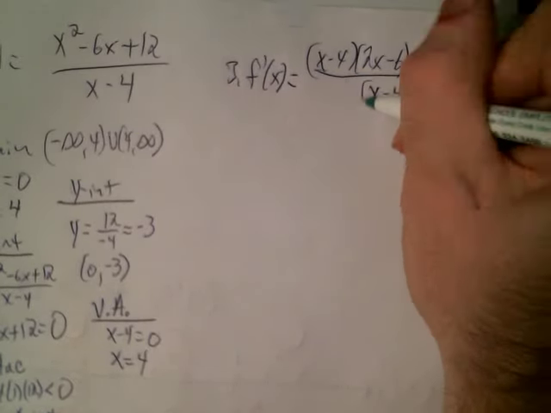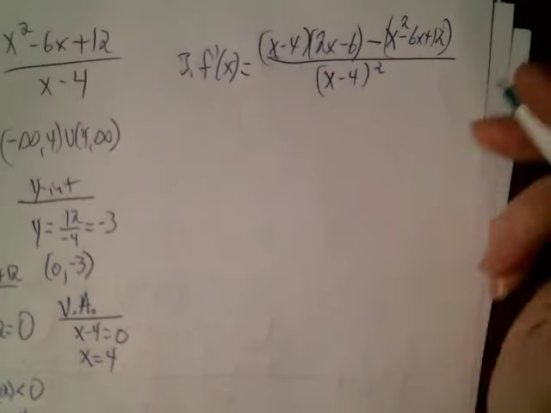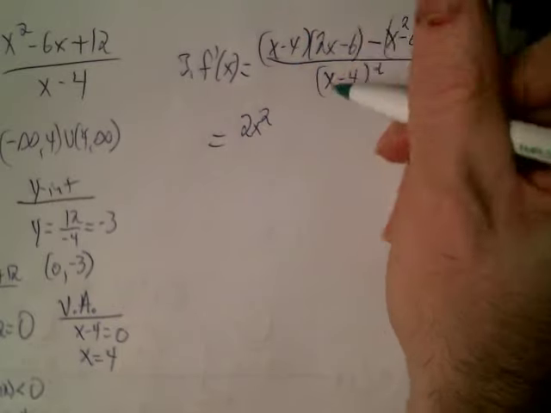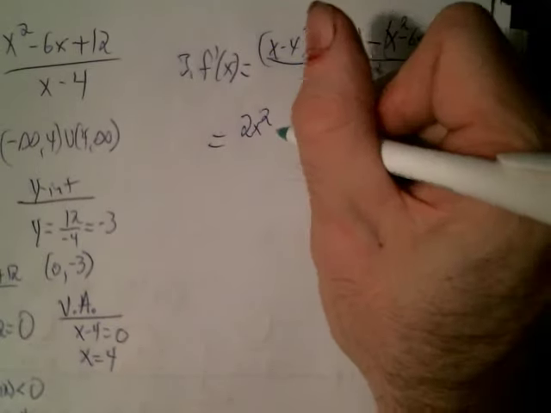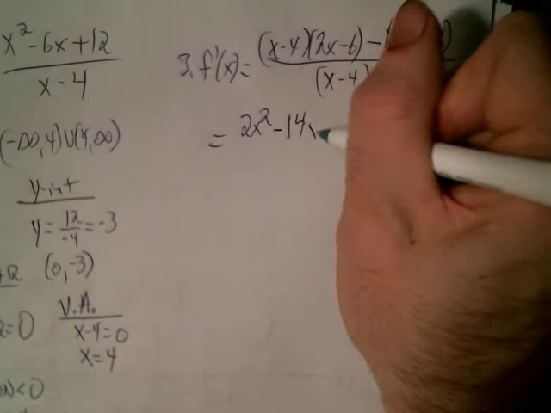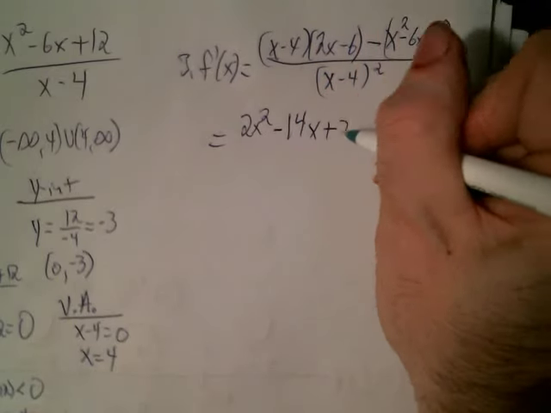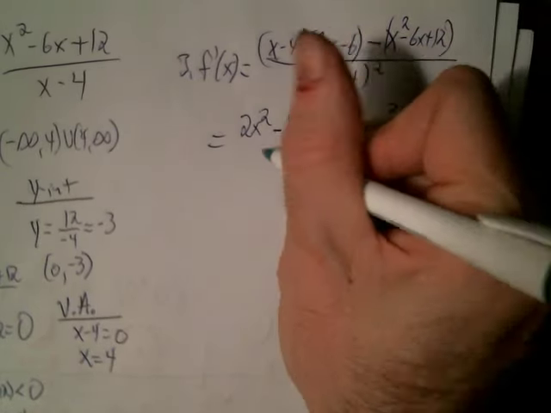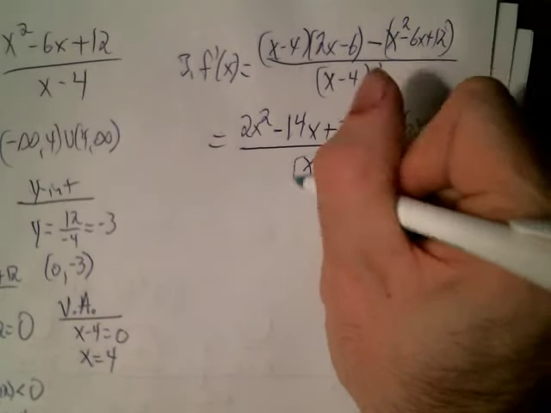All over the low squared. Okay, clean that up a little bit. So we got 2x squared minus 8x minus 6x is minus 14x, and then plus 24 minus x squared plus 6x minus 12 all over x minus 4 squared.